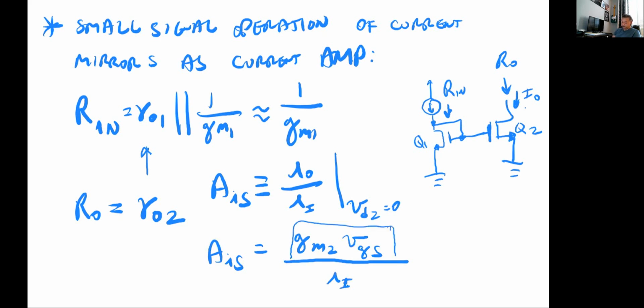The output current is the voltage here, vgs, times the gm of transistor 2. That's the standard gain for Q2, which is operating as a common source. This is io. That's all we've done, okay?